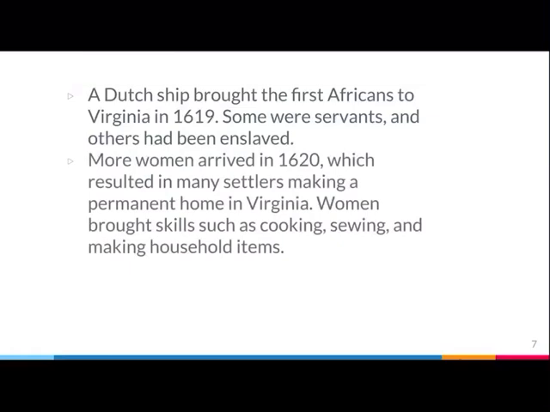If their family is there, they're most likely going to stay. Women brought skills such as cooking, sewing, and making household items. They really helped more in that area.